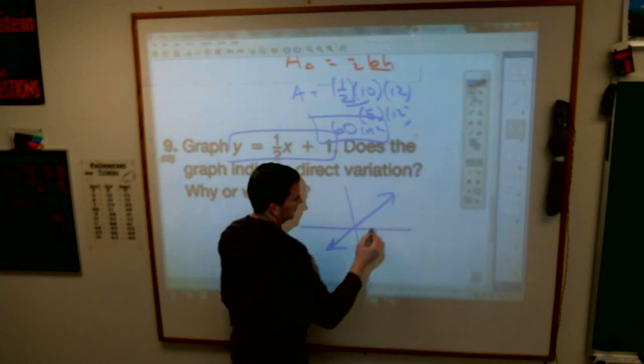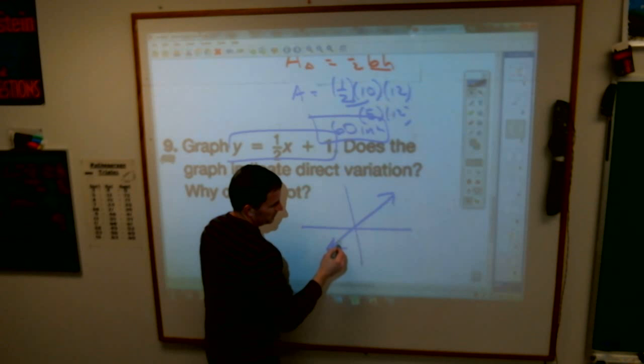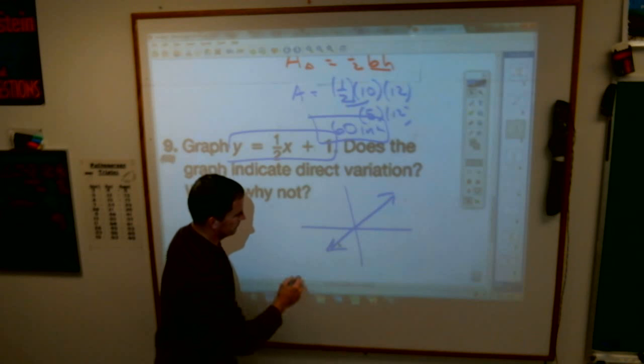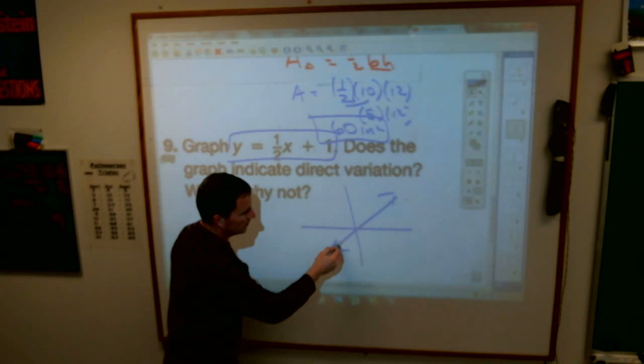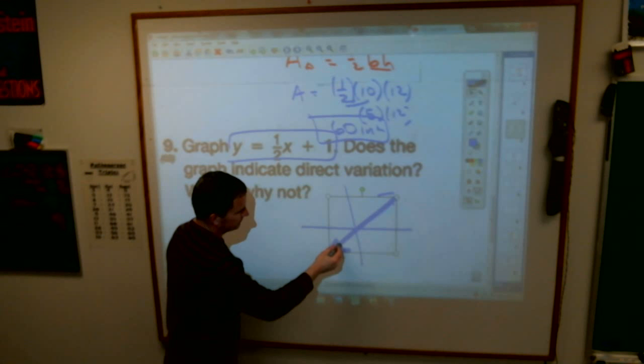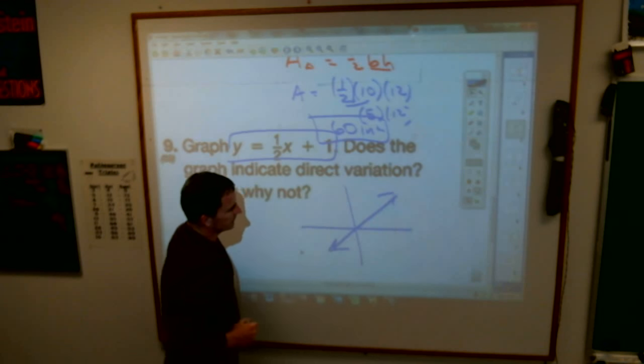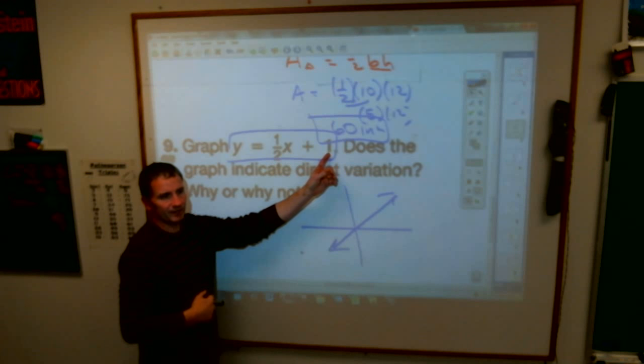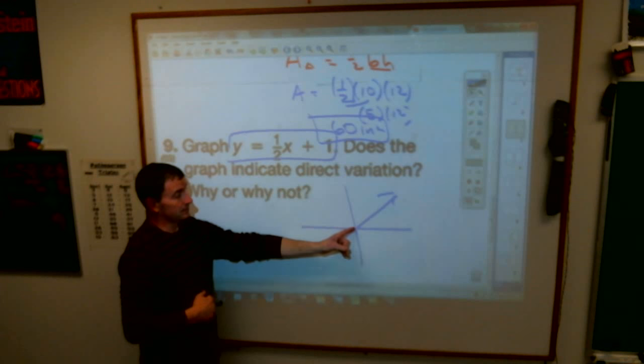So that means if you're given an equation in slope-intercept form, what does this number always have to be? Where does it cross the y-axis? That's 0.